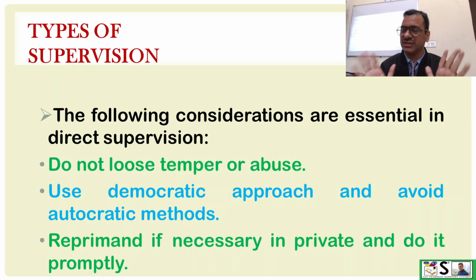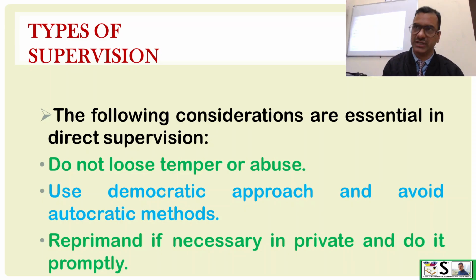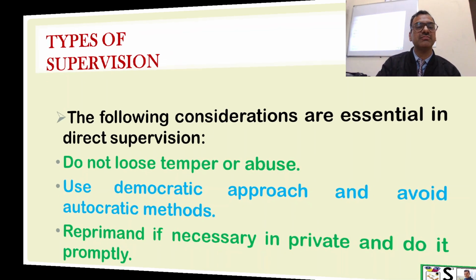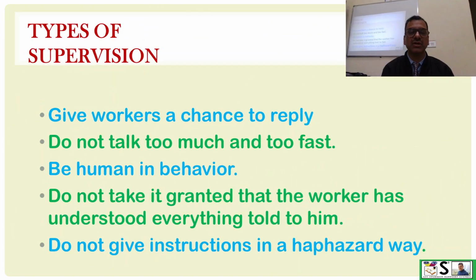In this way the direct supervision will be effective, and even your subordinate will trust you. Okay, that you are doing proper things, you are supervising properly, and you are not only finding faults, you are trying to correct him or her. So these points should be kept in mind while doing direct supervision.